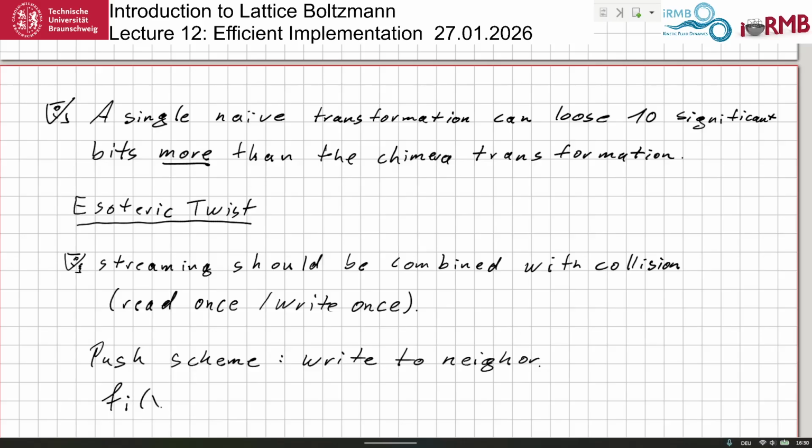So I have f_i of x. I just use one index for clarity here. Now plus the vector in which the population looks, this is e_i delta x, at t plus delta t. So we write, and this gets the outcome of the collision of f_i of x and t, or you could say the post-collision part.